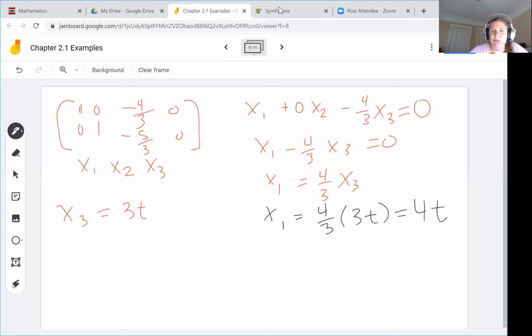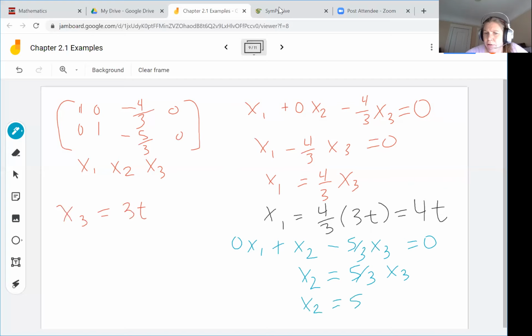And then we can also solve for x2. So we know over here from the second row that 0 x1 plus 1 x2, or just x2, minus 5/3 x3 equals 0. But now we can replace x3 with 3t. So we can say, okay, x2 is going to equal 5/3 x3, or x2 equals 5/3 times 3t, or x2 equals 5t.